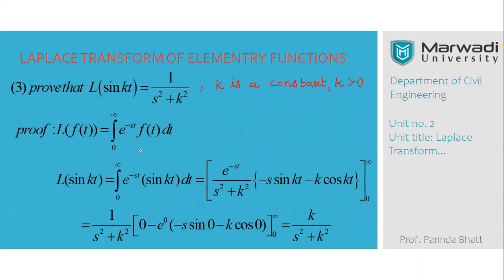Okay. Now we prove this formula and derive this result. We write the definition formula first: Laplace of f(t) is the integration from 0 to infinity of e raised to minus st f(t) dt.